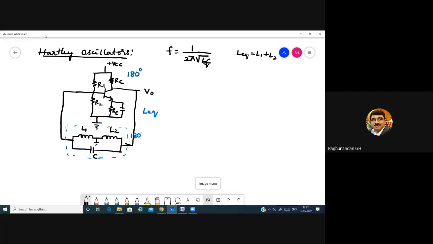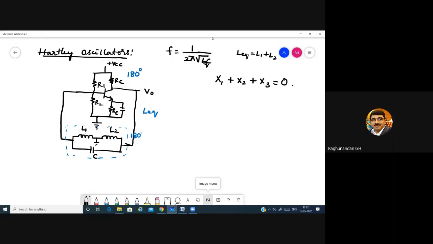So for achieving 0 degree or 360 degree phase shift in the feedback network, the imaginary components introduced due to the reactances must be equal to zero. So we take X1 plus X2 plus X3 equal to 0.